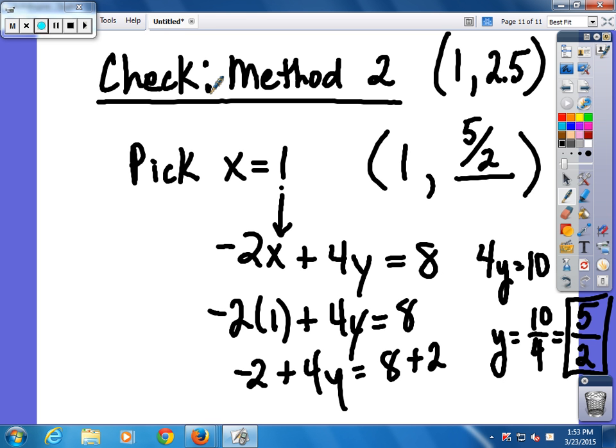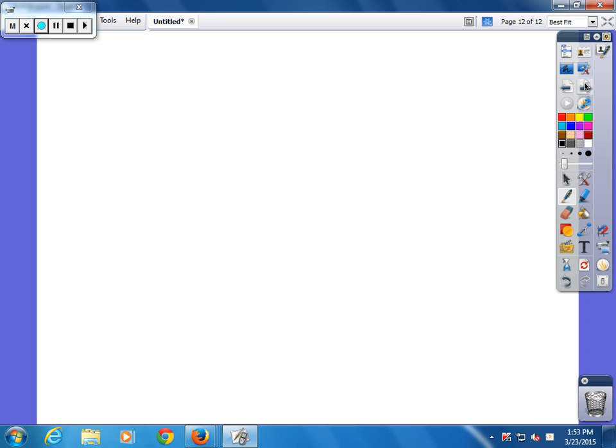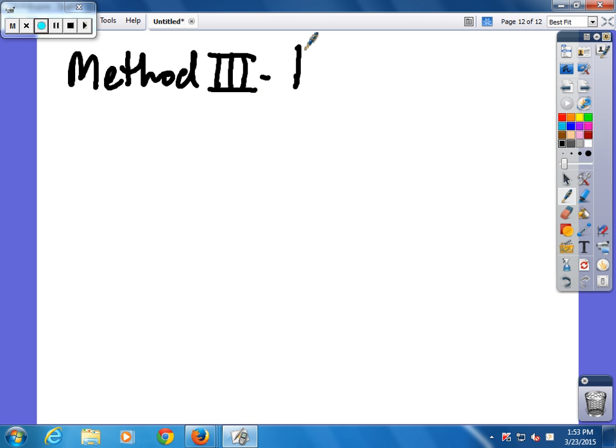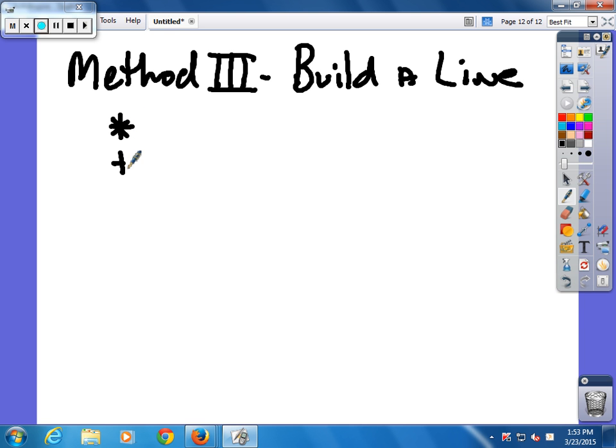And then there's method 3. Method 3 is called building a line. I tell students there's two type problems you need to use this one with.